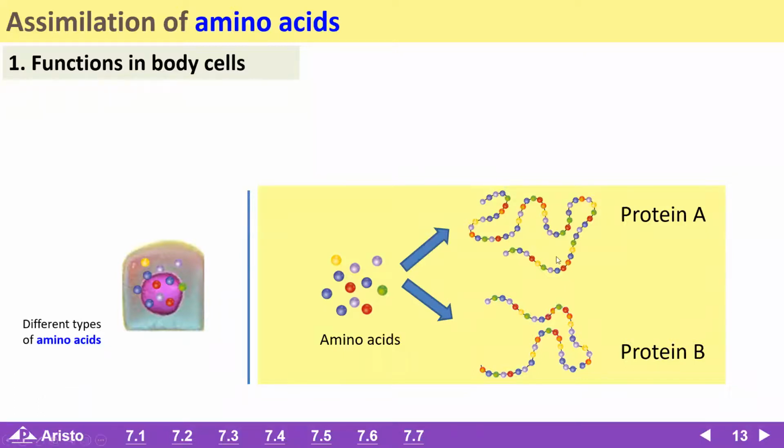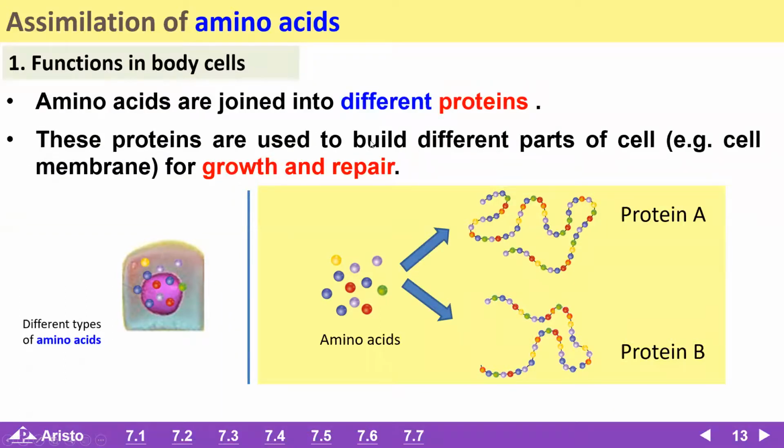Imagine this story can go on and on. And with these 20 types of amino acids, the cell can make unlimited types of proteins. And with these unlimited types of proteins, they can be used to build different parts of the cells for growth and repair. Okay?